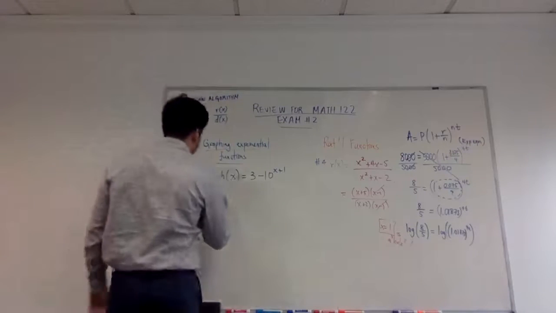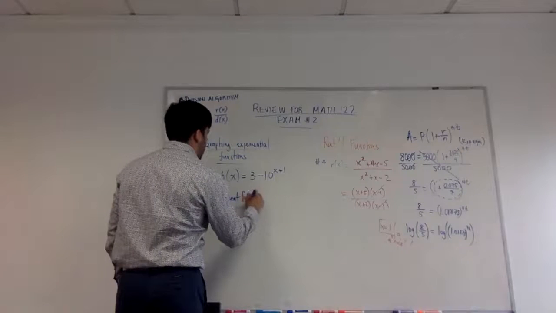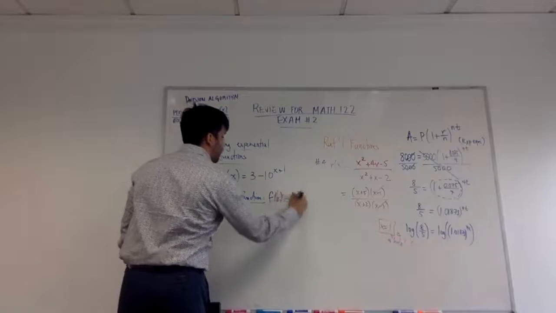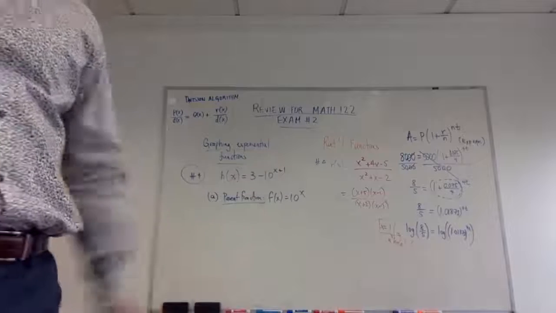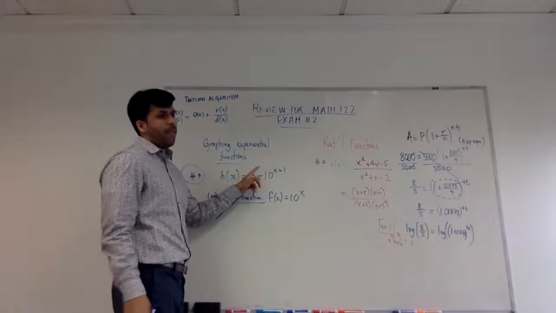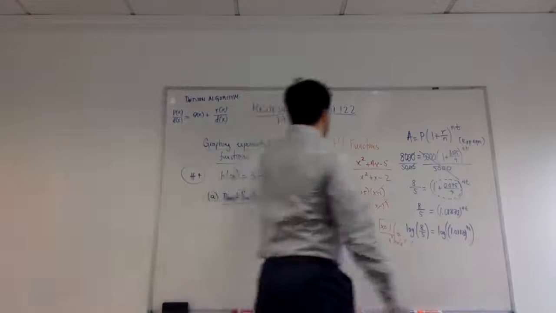So what's my parent function? Ten to the x. It's whatever number is in the base, which is 10. Because 3 doesn't have a variable exponent. 10 does. So 10 to the x is my parent function.